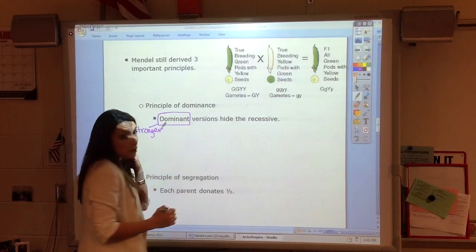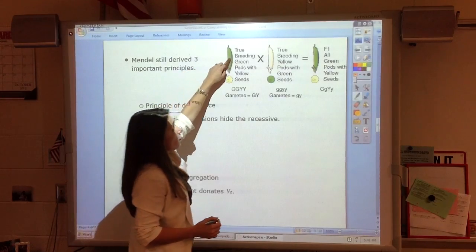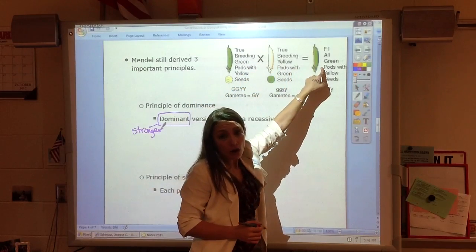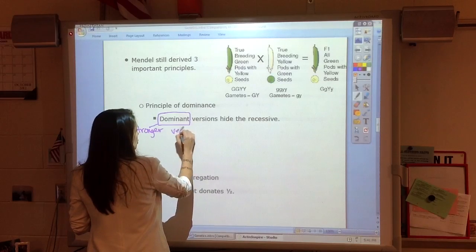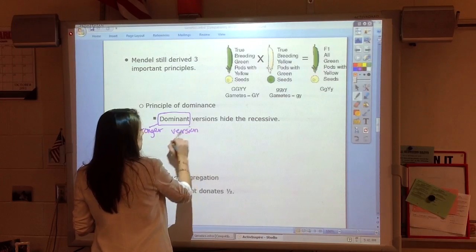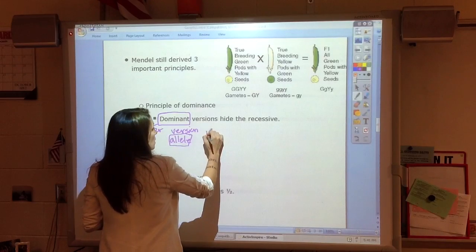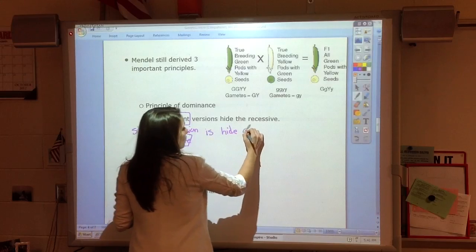So his principle of dominance is that idea that green times yellow will give me all green. So what this means is that one version, or one allele, here's this important word, one allele is able to hide another version.